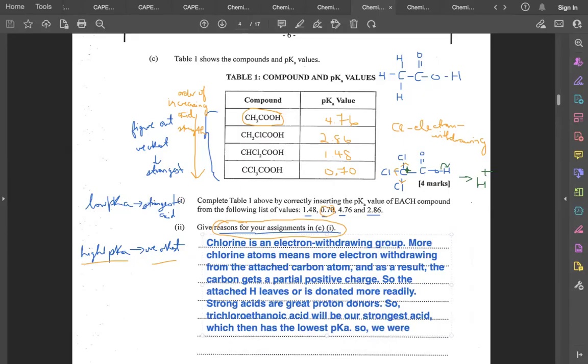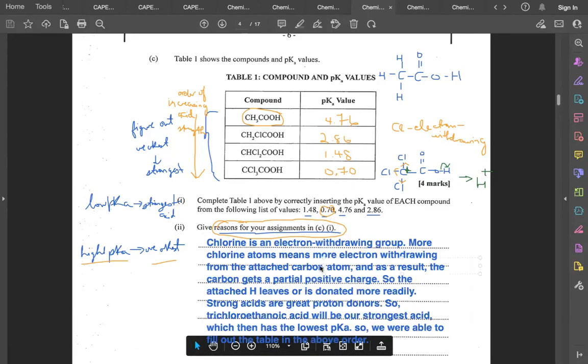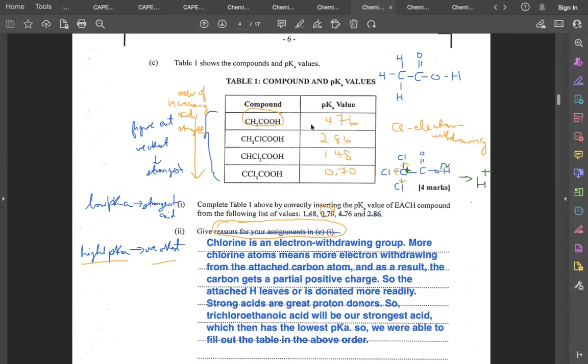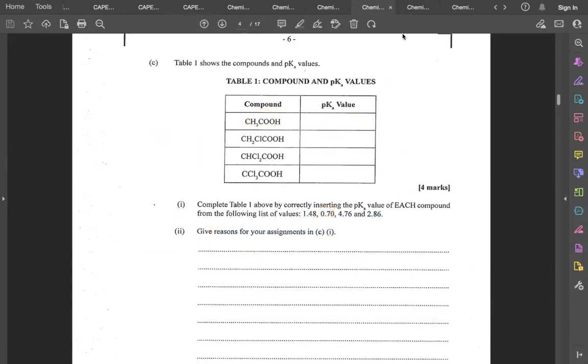Is that crystal clear to you guys? Yes, miss. All right, so that's that. So I'm going to clear all of this and move on to the next page.